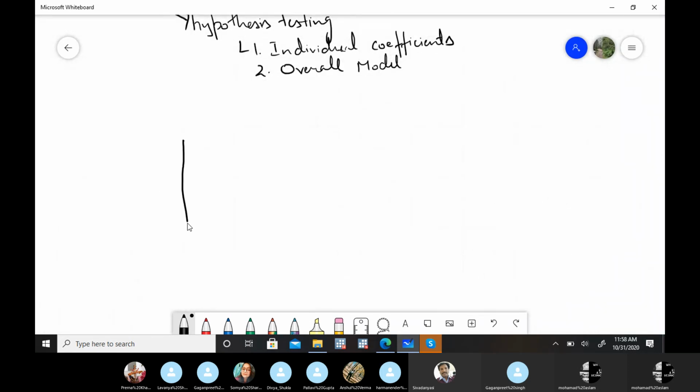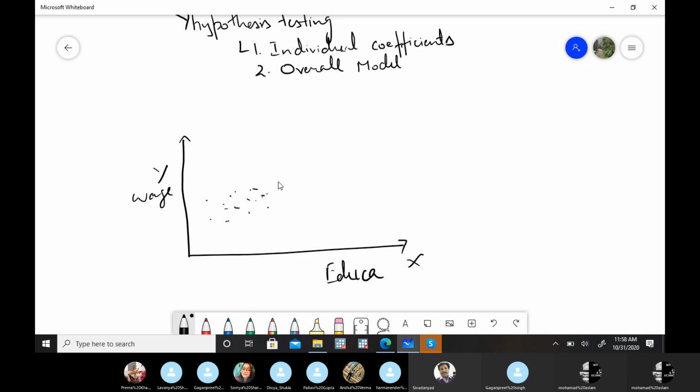Let's suppose we have y, and this is my x variable. Let's suppose this is wages and this is education. Suppose my scatter plot is something like this, showing a positive relation between education and wages on average.